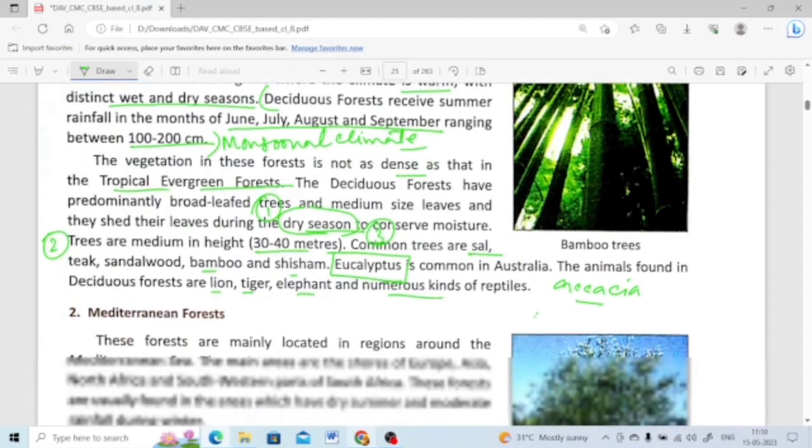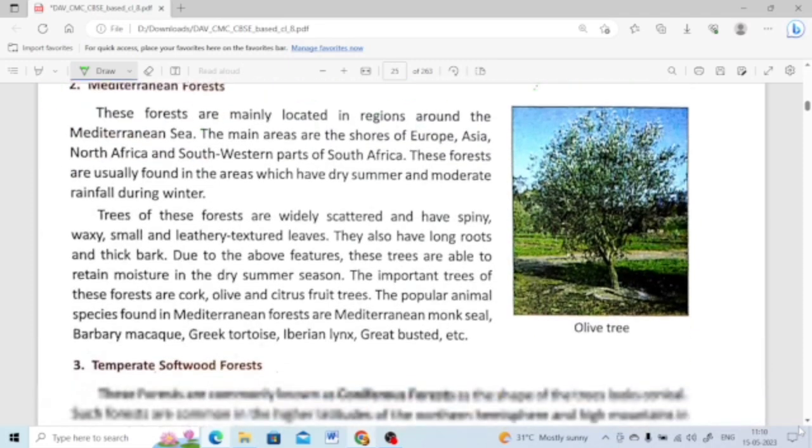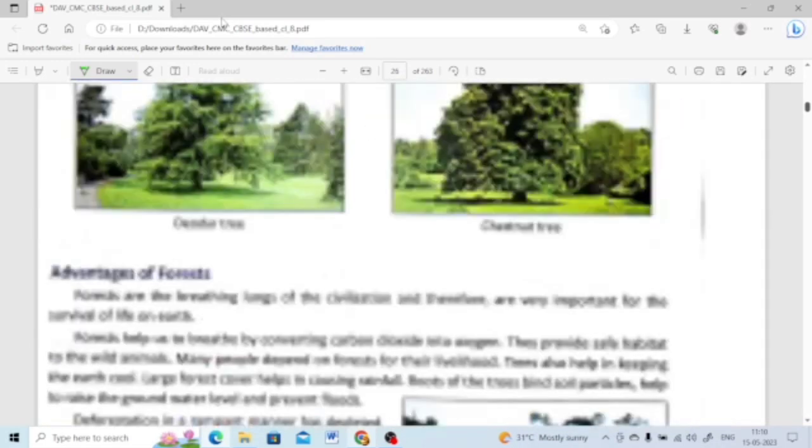Okay, if you have understood both of these kinds of hardwood forest, both the tropical deciduous and tropical evergreen, let me take you to the Mediterranean region. For that I need a map first. So let me find a place where I can draw.